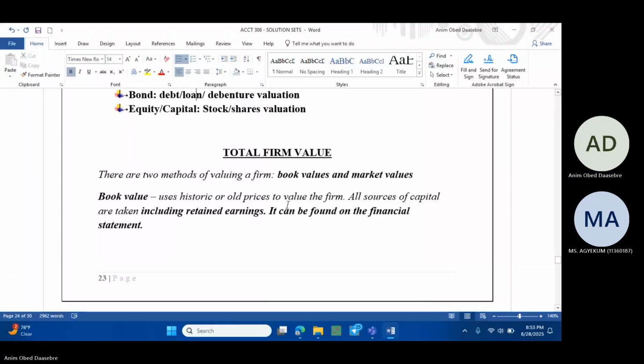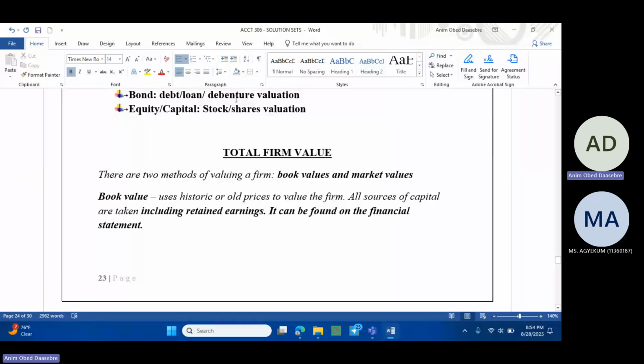It uses old values, the previous financial statement values of the equity and the bond. To go to their financial statement, you can see their bond, their loan notes, debts, and all of that. You pick them, and the summation of all of that will become your book value for debts.